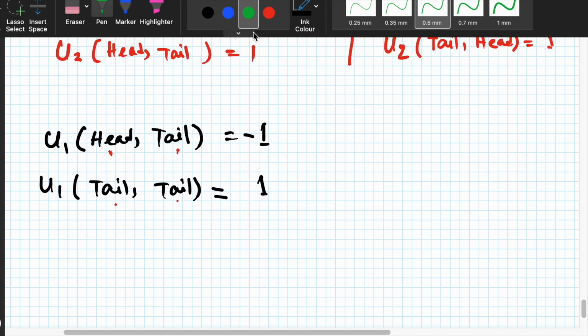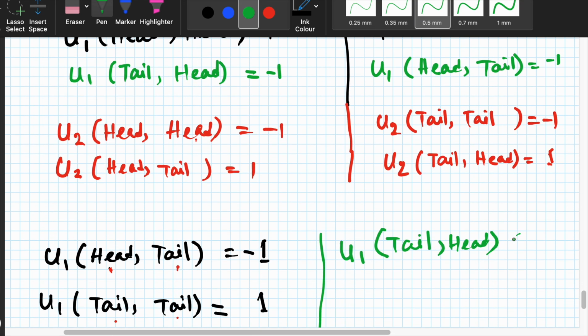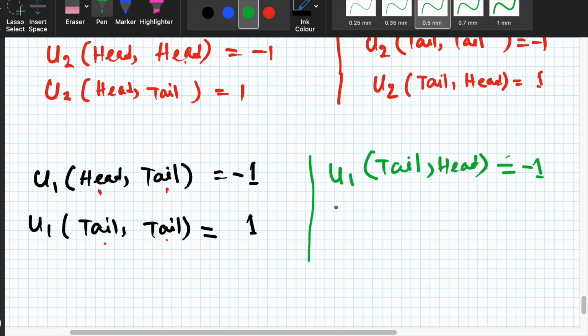Now the same situation is for tail, head. In tail, head, player 1 has to give -1. Player 1 has to give 1 rupee to player 2, so that means he gets a payoff of -1. So does he have any incentive to change unilaterally from tail to head when the other player has fixed her strategy to head?